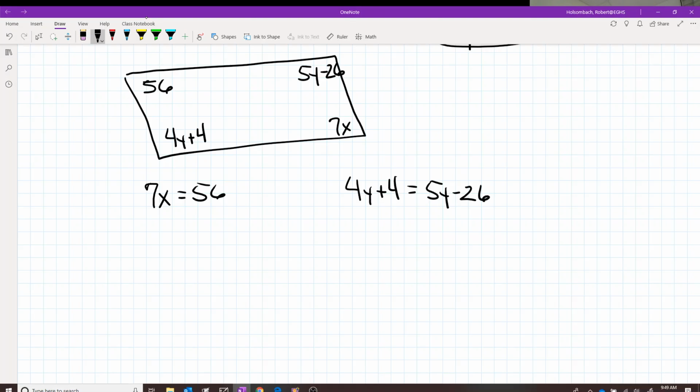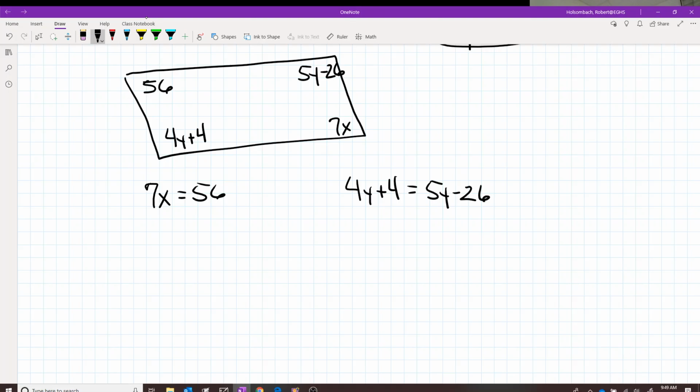On problem 3b, you're dealing with opposite sides, so you would make your 4y minus 9 equal to your 2y plus 5, and your 3x plus 4 equal to the 5x minus 2, and solve for x. Everybody understand what's going on?